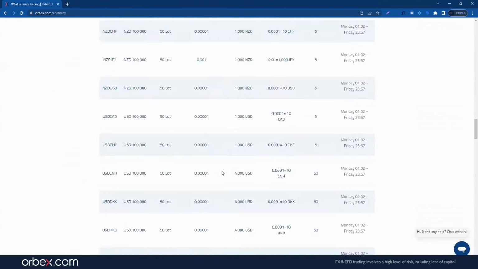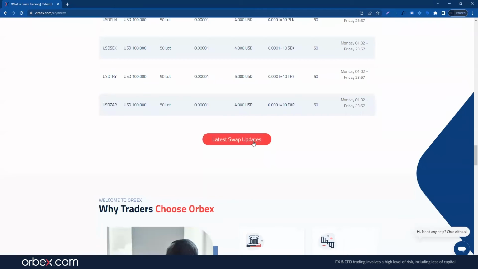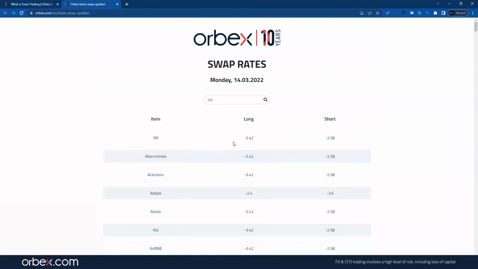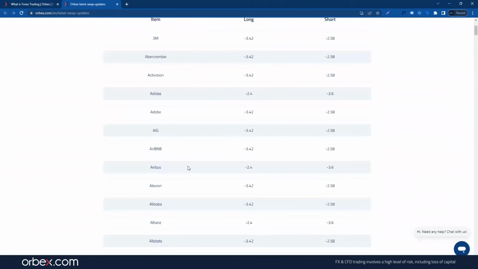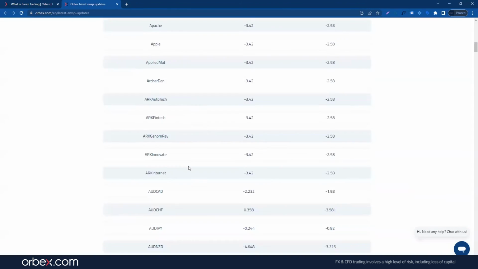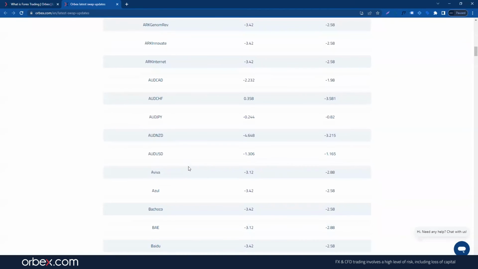If you go right to the bottom, it'll give you the latest swap updates. And this is for all of our instruments that we offer, stocks, commodities, and Forex pairs, amongst a few of the asset classes. So for Aussie dollar, for example, for short, it's minus 1.3, and for long, it's minus 1.1.